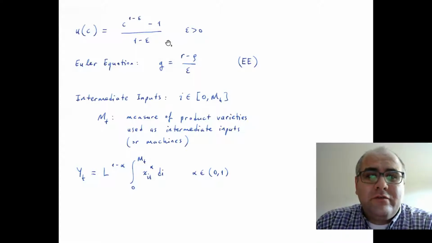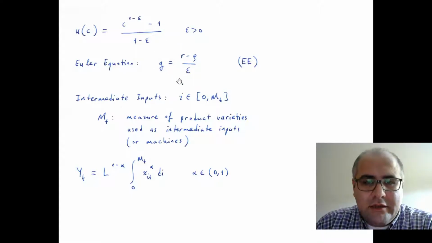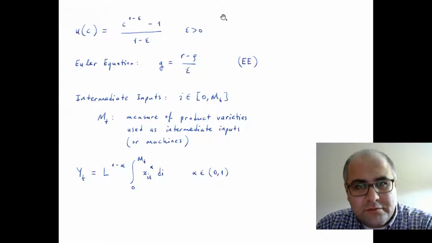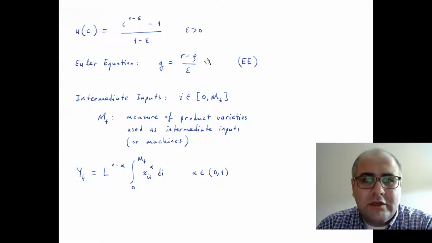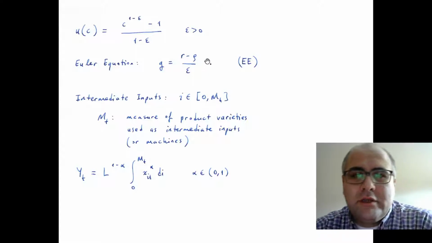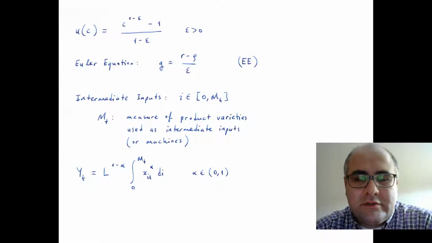They accumulate their wealth optimally, and eventually their behavior is characterized by this Euler equation. If you want to understand how you go from an intertemporal optimization problem to this Euler equation, just go back to the earlier lectures, specifically the model on wealth accumulation.